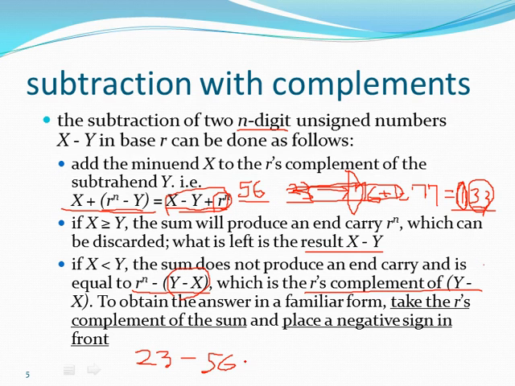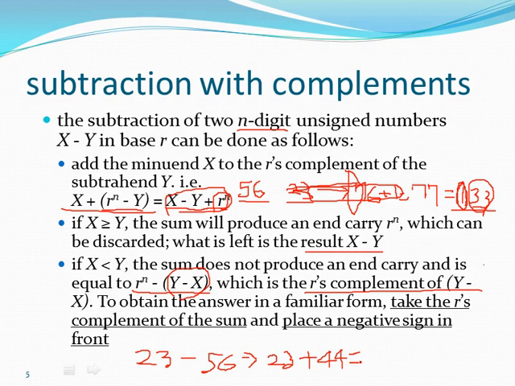So from these two numbers, if we follow that procedure, we take 23 and then add tens complement of 56. Tens complement of 56: first nines complement is 43, so 44 is the tens complement of 56.